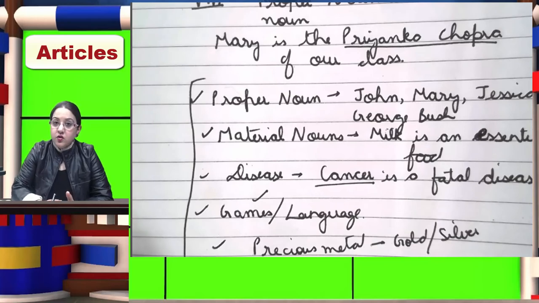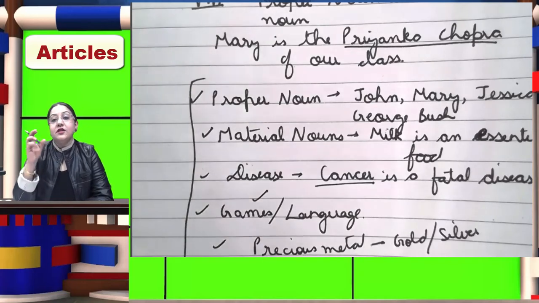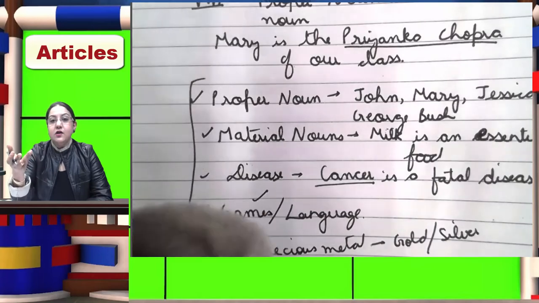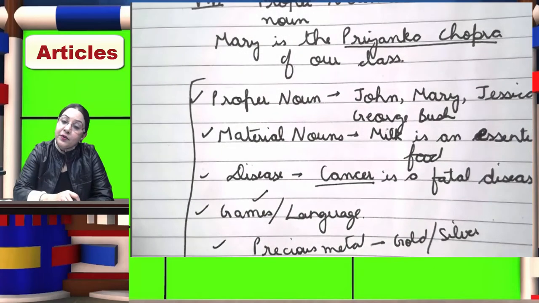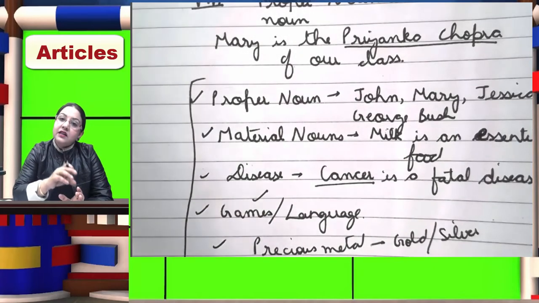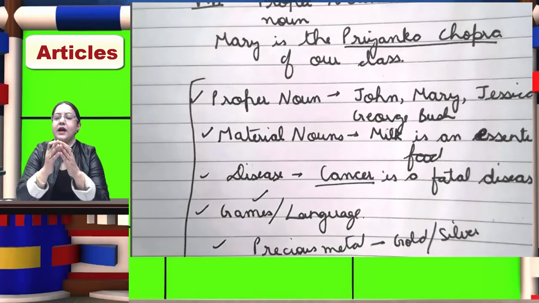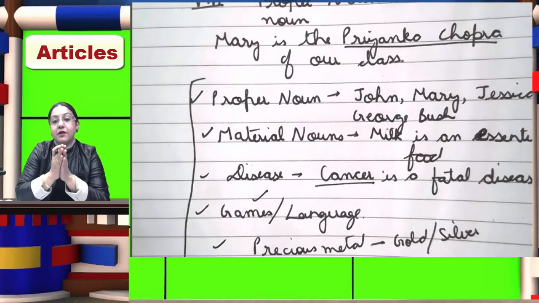Here I am saying the gold because I am placing emphasis on the metal gold. I am giving it importance. So whenever I want to give importance to any object, I will add the with that object.